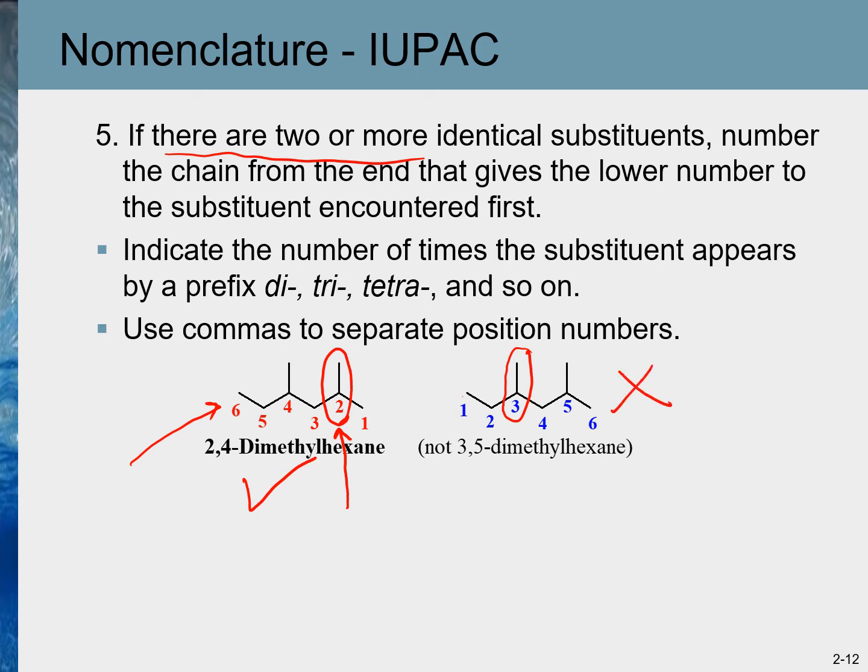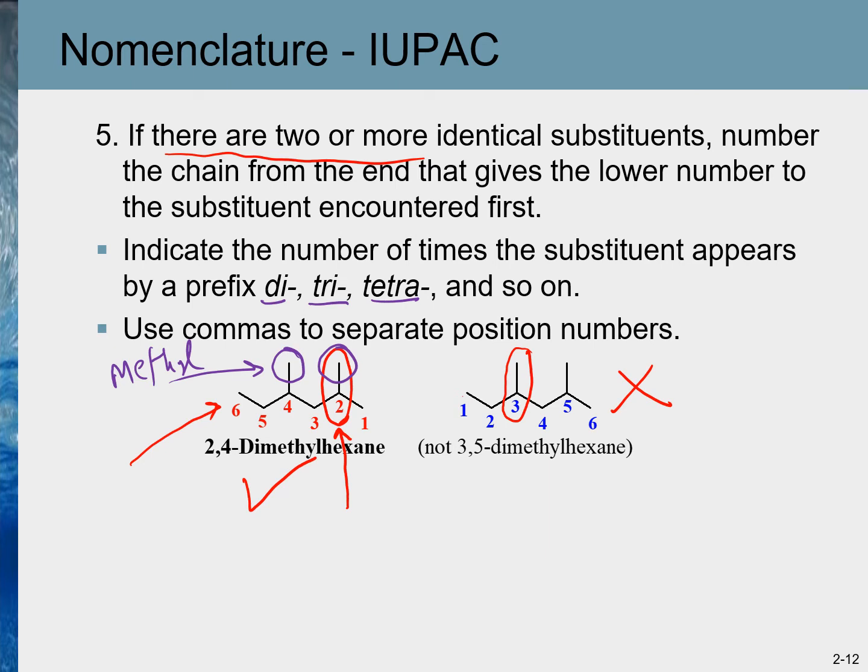Secondly, if we have the same substituent, for example, in this case, we have 2 substituents and both of them are methyl, then we use the prefix di, tri or tetra to represent how many substituents we have. Remember, it is only used when we have the same substituent.